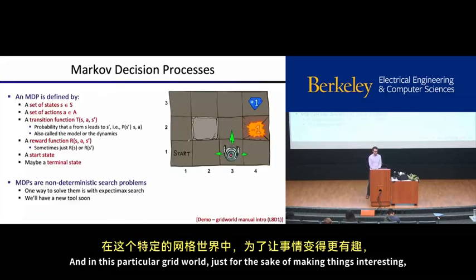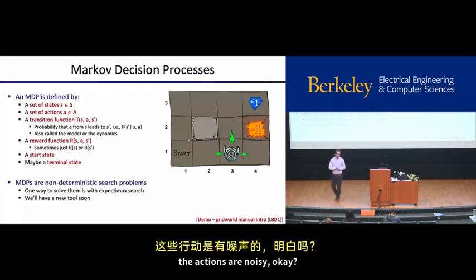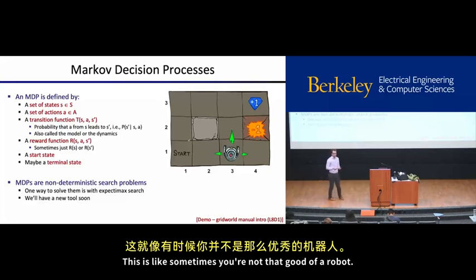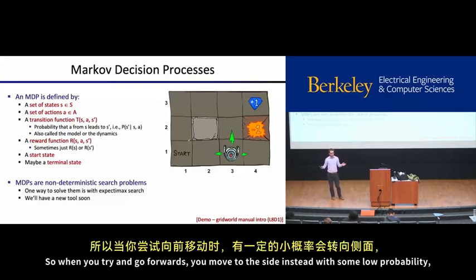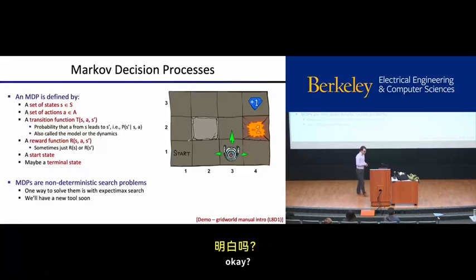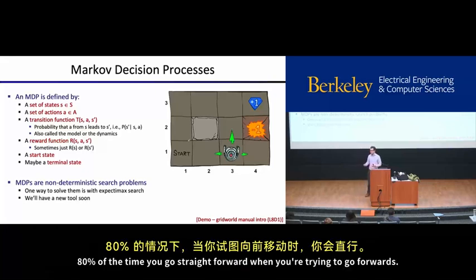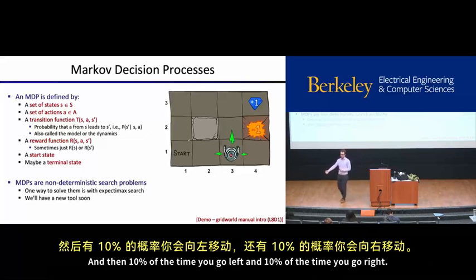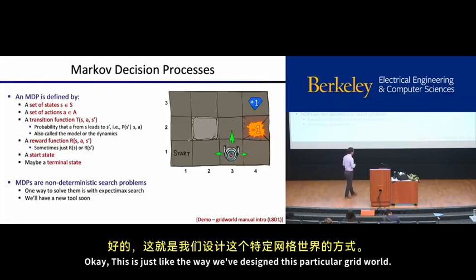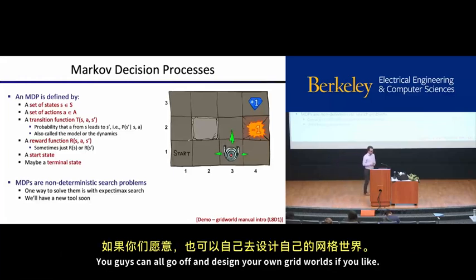Okay? So let's put some math in there. We always love math, right? So this is going to look very similar to the model of search that we saw before. We have a bunch of states. We'll call them S's. We have a bunch of actions. We'll call them A's. Now, instead of a successor function, which told us here's the deterministic next state for a given action and state, we're going to have a transition function, T, which takes in a state, an action, and a next state.